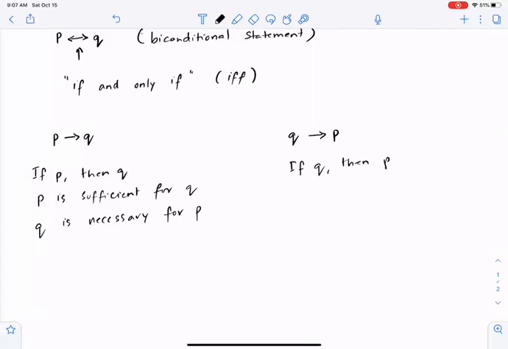So the forward direction is possible, the reverse direction is possible. And here, Q is sufficient for P. P is necessary for Q. My bad.